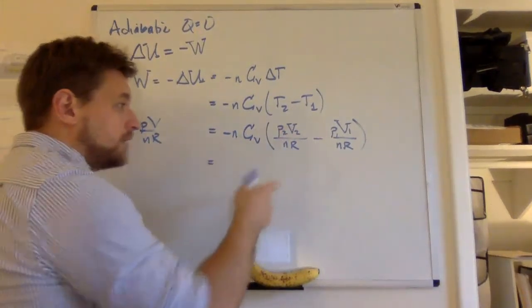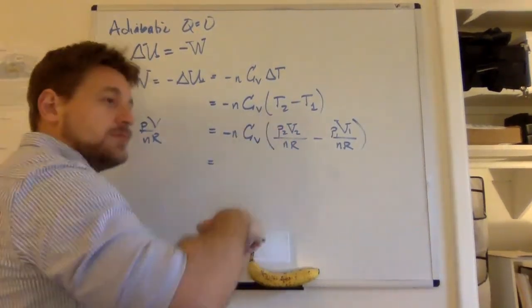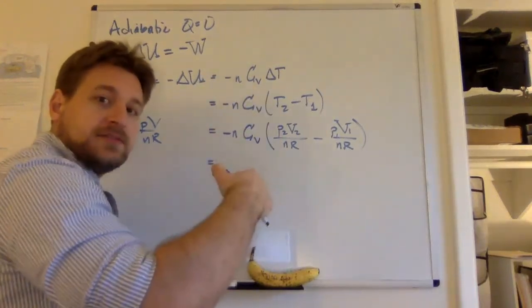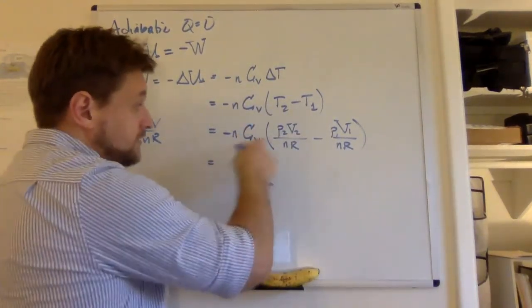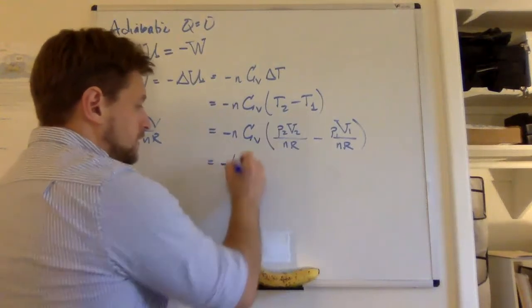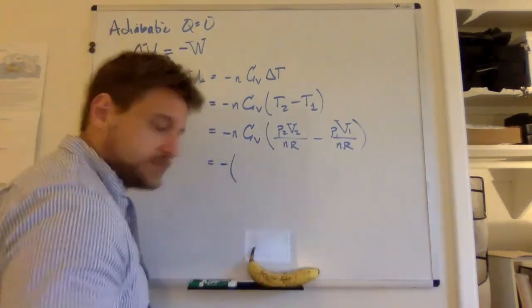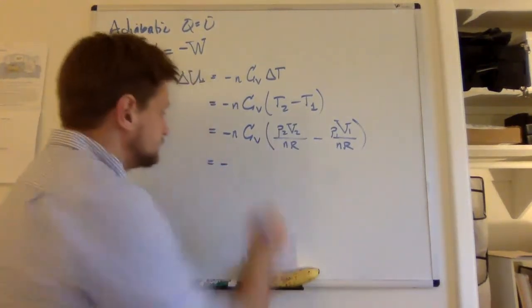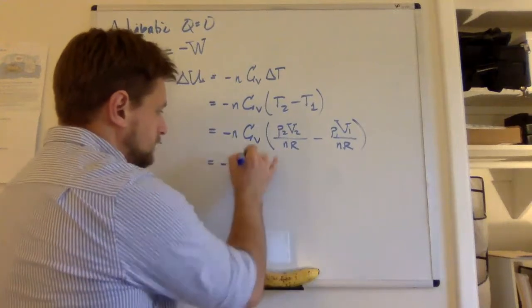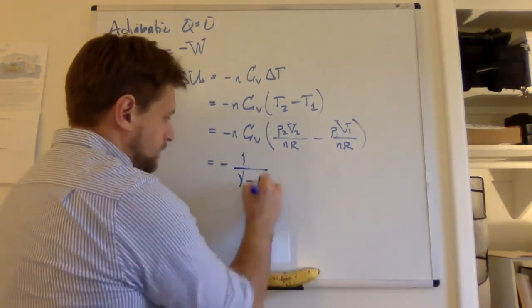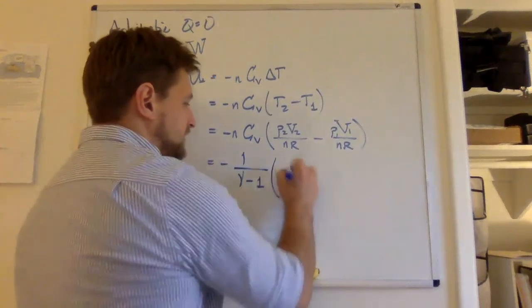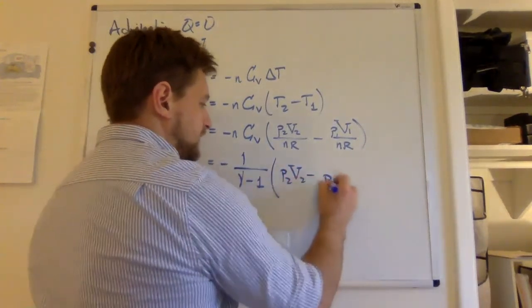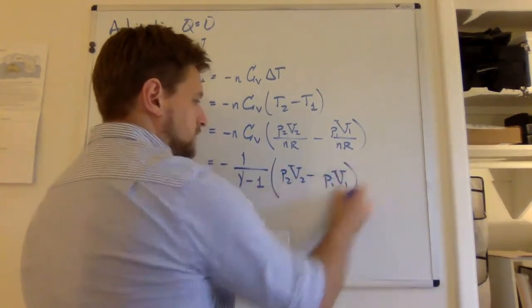CV over R is the reciprocal of R divided by CV, which is what we said was equal before to gamma minus 1. So CV over R is 1 over gamma minus 1. Negative 1 over gamma minus 1 from P2 V2 minus P1 V1.